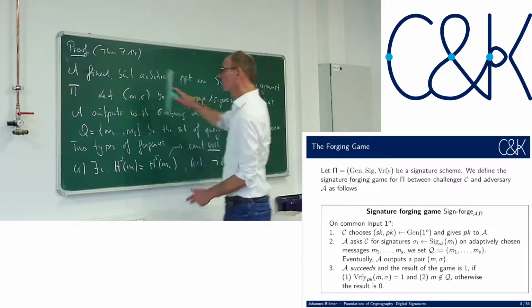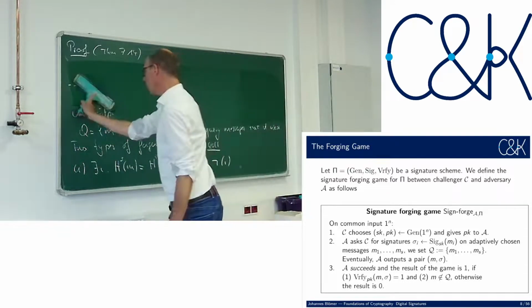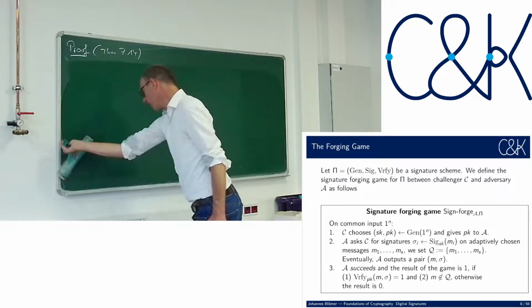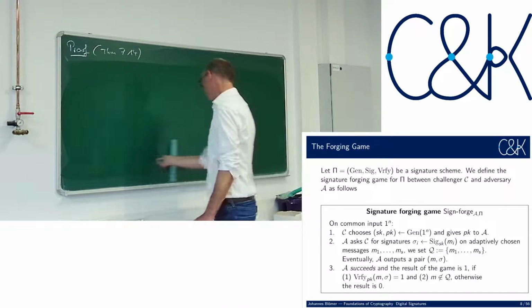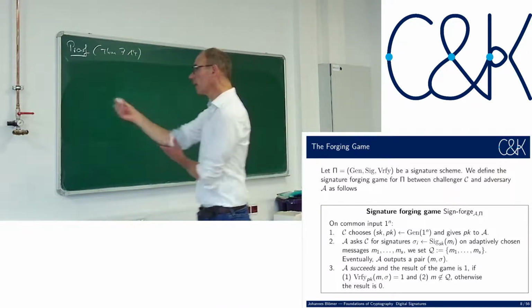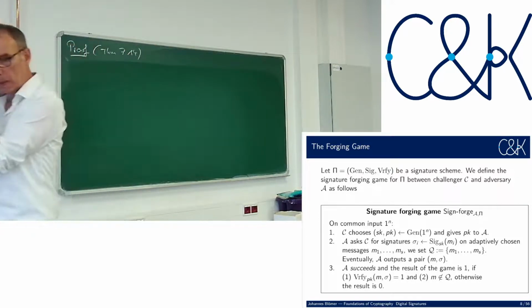And now I would like to erase this immediately, because then I will do how we use these two things. Then we'll go to our constructions, our collision finders and forgers. So now let's do what is the probability.